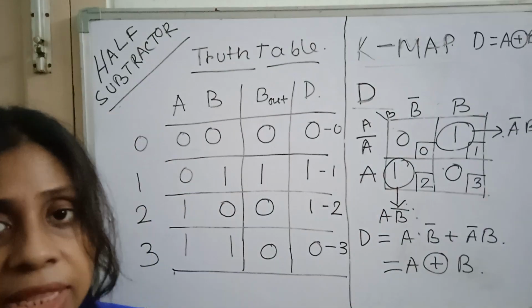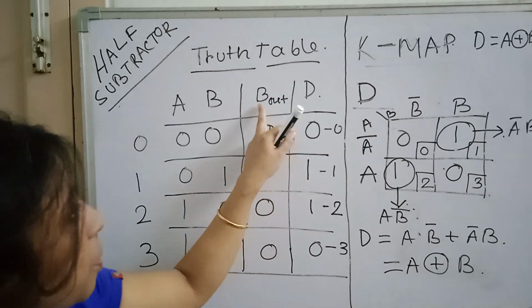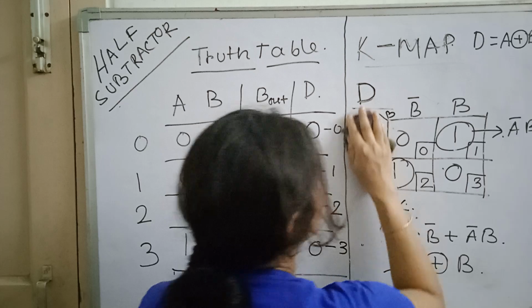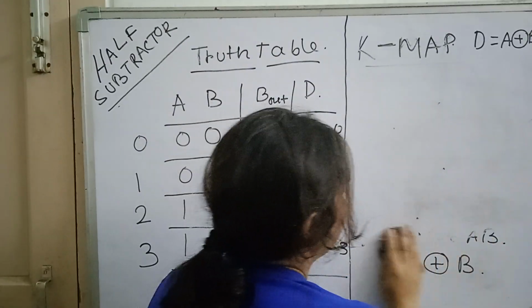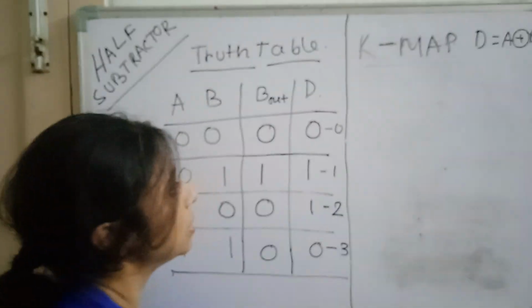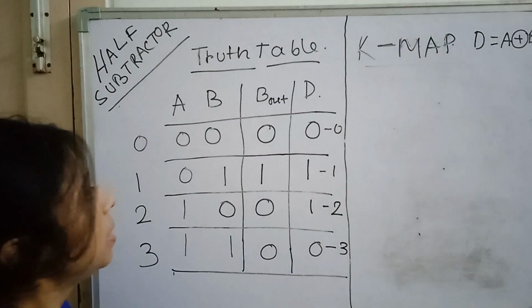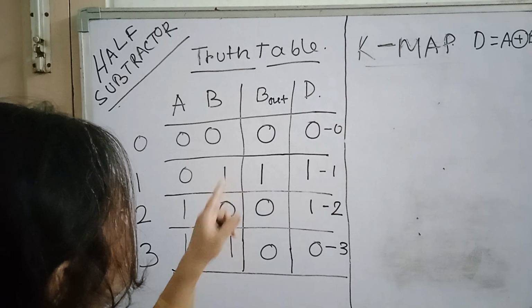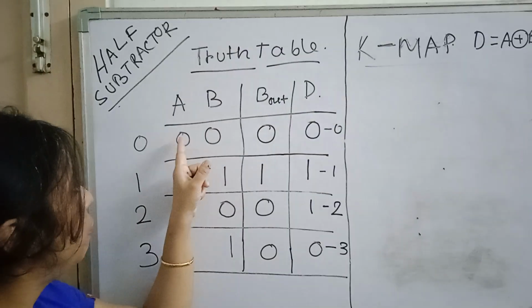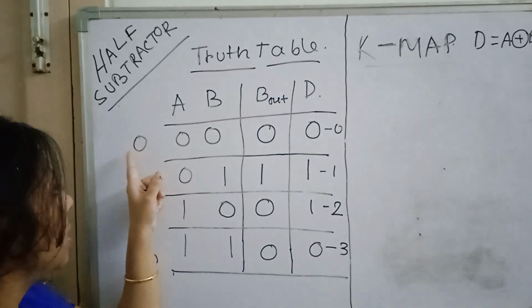Now we will put the next one, borrow out, in the KMAP. While putting B out in the KMAP, how many input combinations are there? There are 4 input combinations.